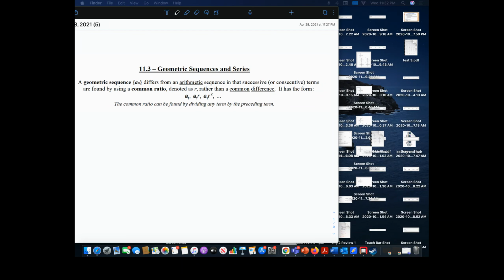So what this means is a geometric sequence is something like 2, 6, 18, 54. Why? Because 2 is just 2. 2 to 6 is 2 times 3. 6 to 18 is 6 times 3.